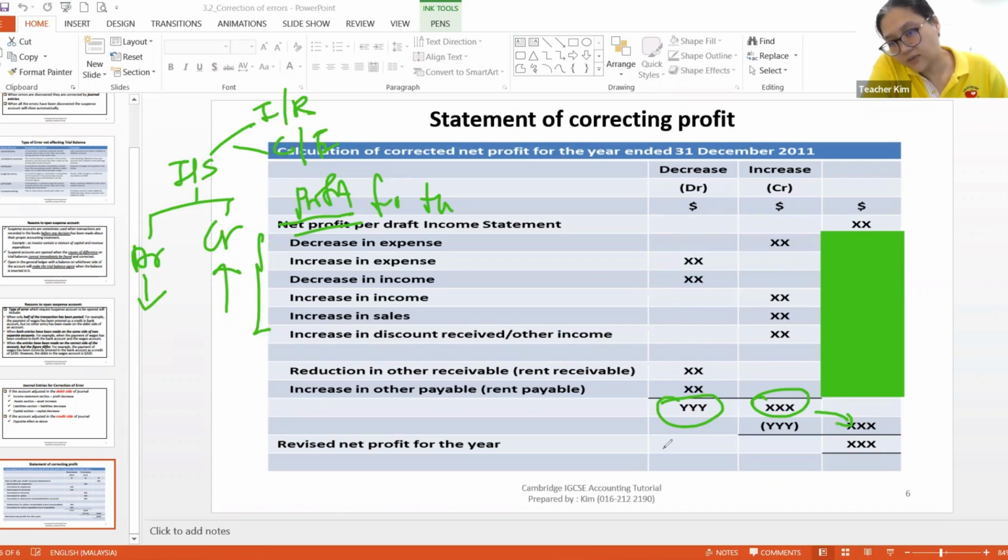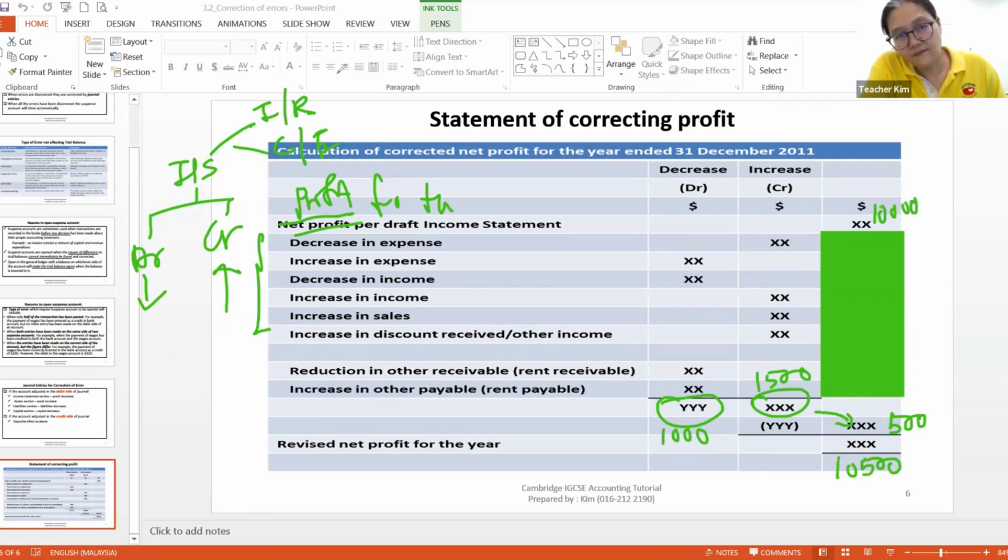Let's say your decrease is 1,000 and your increase is 1,500. It means you have to put increase 500. So let's say your profit before adjustment is 10,000. You plus another 500, you come to 10,500.